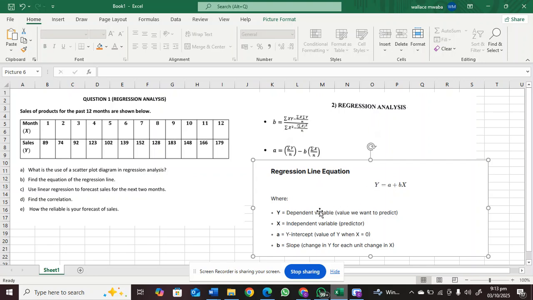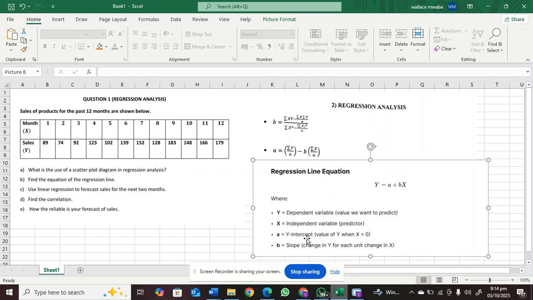Y is the dependent variable, it's dependent on X. So in this case, our Y is the sales, assuming the sales are dependent on the month. X is the independent variable, it's not dependent on anything. So here the months are not dependent on anything.